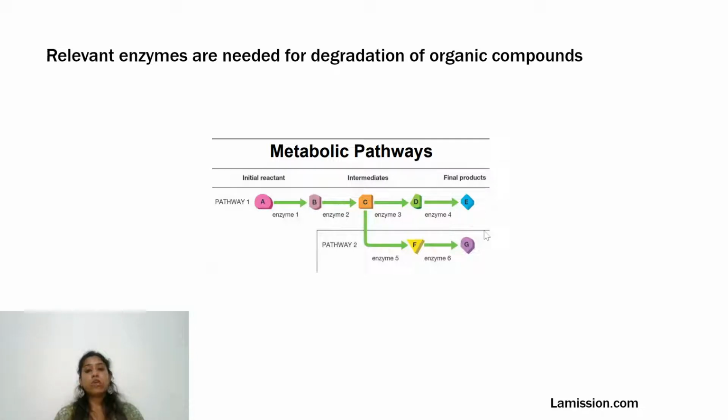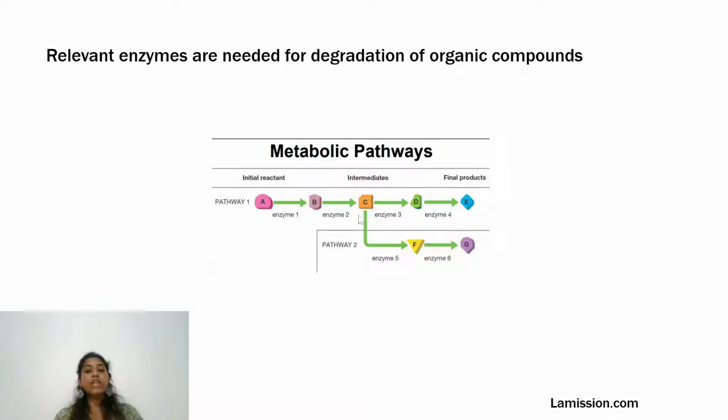E is our desired product. That is probably the product which is less harmful to the environment, and we want to make sure this is what we get at the end. In that process we have to choose a microbe that will go through these full processes with all the four enzymes present in it. But another important thing to note is that this pathway could also branch depending on the conditions at this point.